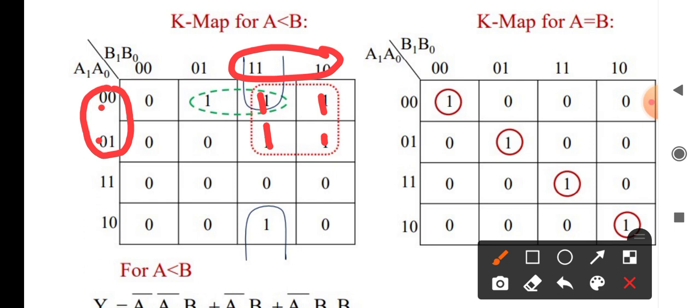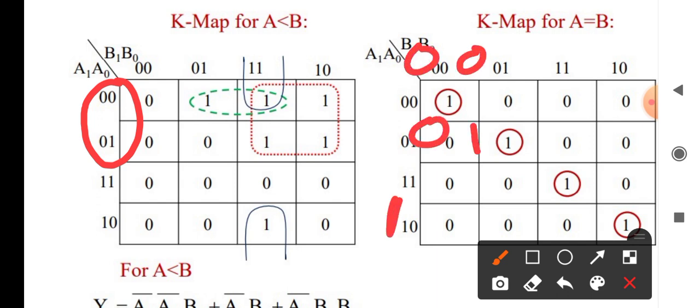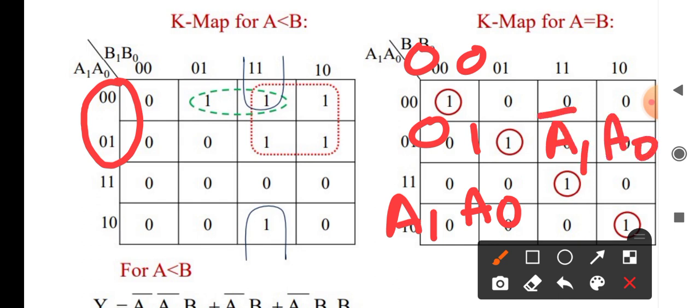Sorry, once again I will just tell you. Here we can have 0 0 and 0 1. It consists of a1 and a0. That is, here we can have a1 complement a0 and a1 complement a0 complement.